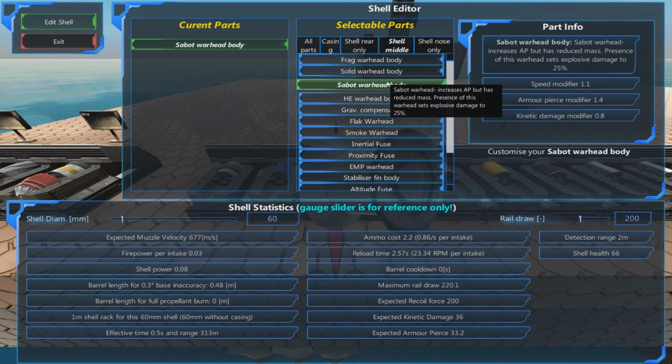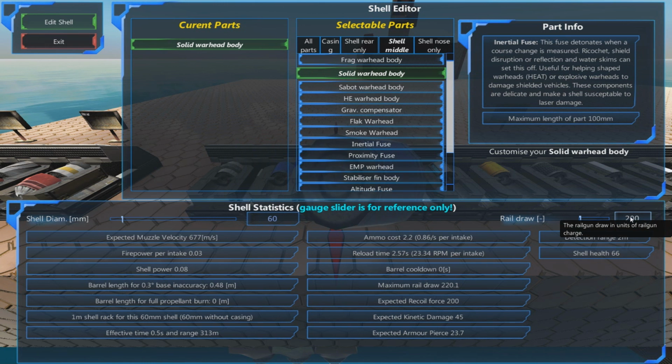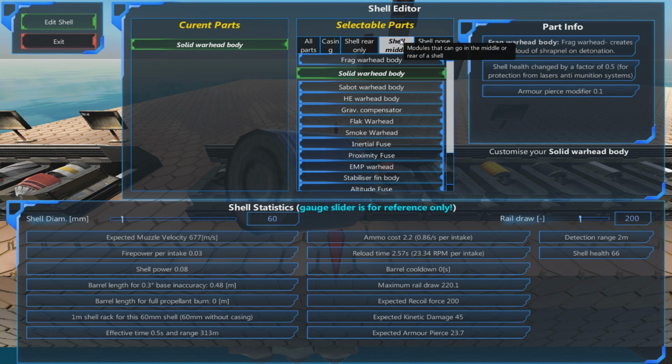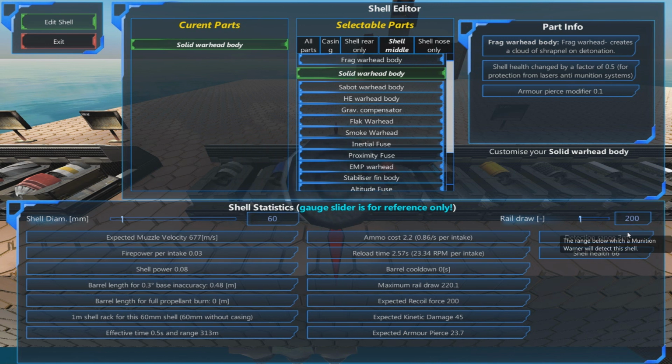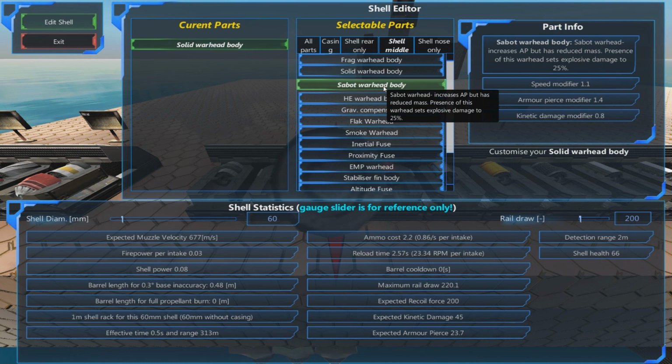So the Sabot warhead body is kind of the opposite. Let's go back to here. So watch the armor pierce. 23 with 200 essentially propellant, because railgun charge and gunpowder casings are pretty directly equivalent for how much force they exert. So, solid warhead body, 23.7 armor piercing for this rather rubbish little shell we got here.